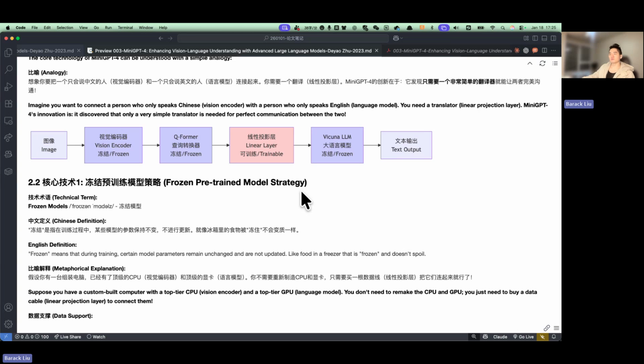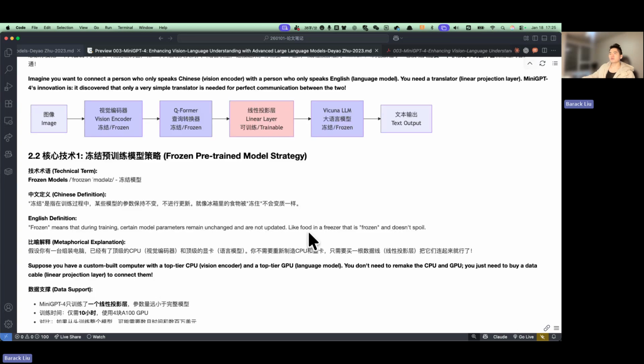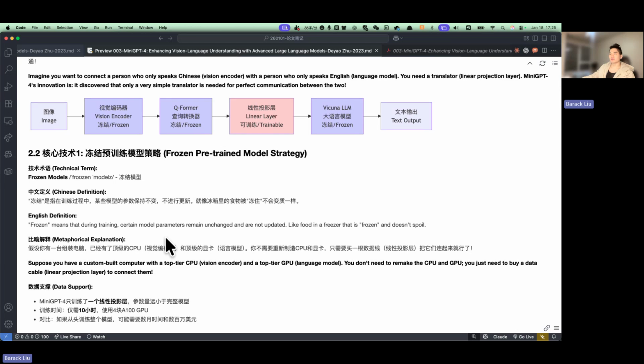Core technology, frozen pre-trained model strategy. Frozen model. Frozen means that during training, certain model parameters remain unchanged and are not updated, like food in a freezer that is frozen and doesn't spoil. Suppose you have a custom-built computer with a top-tier CPU, which is the vision encoder, and a top-tier GPU, which is the language model. You don't need to remake the CPU and the GPU.